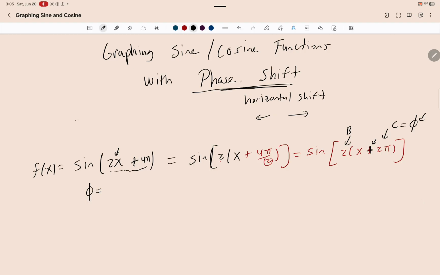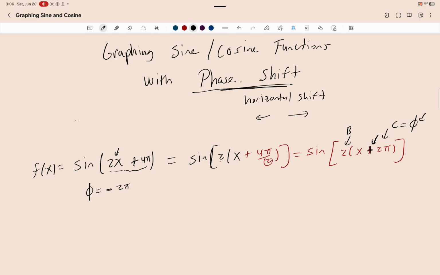Since it's positive, it's going to be negative 2 pi. In other words, if the sign here were negative, the phase shift would be the opposite, so it would be positive. But in this case, the sign in the middle is positive.